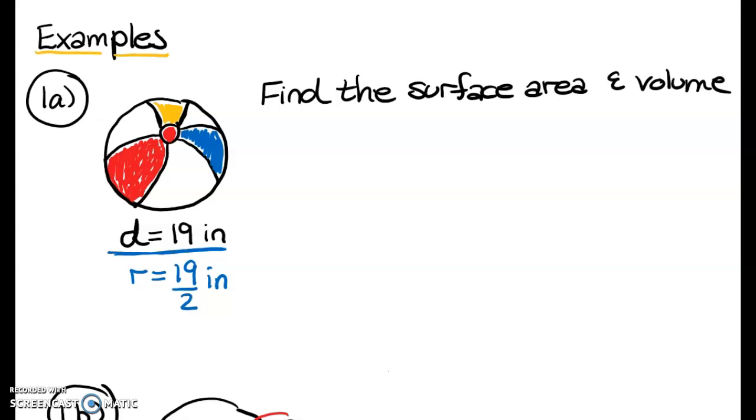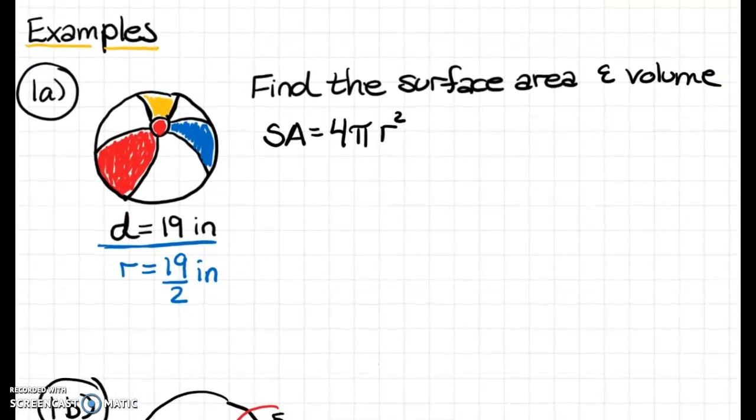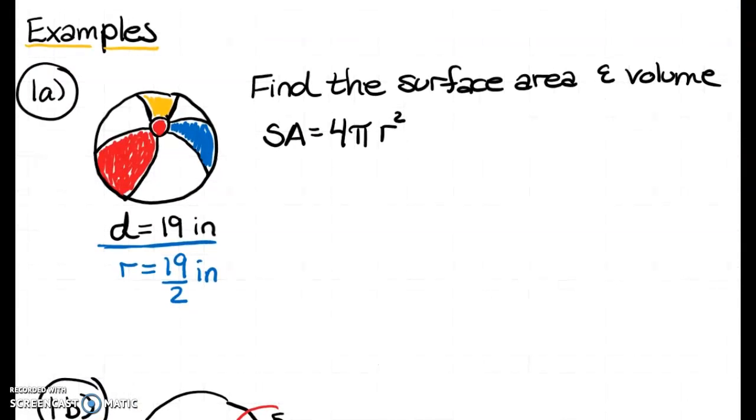Okay, so what is the formula for surface area? Well, my surface area is 4 pi r squared. Let me go back and check that. 4 pi r squared, yep. And I'm just going to go ahead and plug in the information I know. My radius is 19/2, so I have 4 pi times 19/2, and I need to square that.